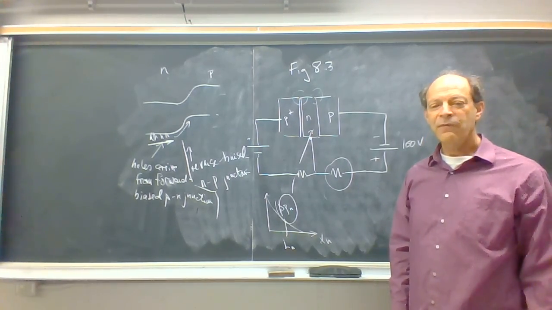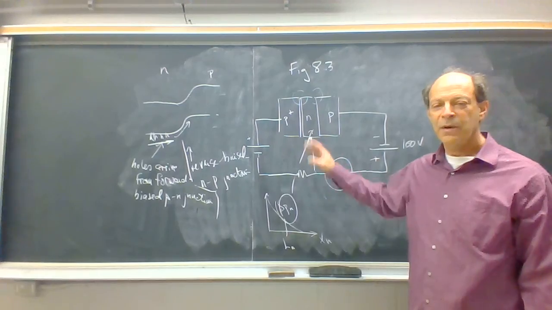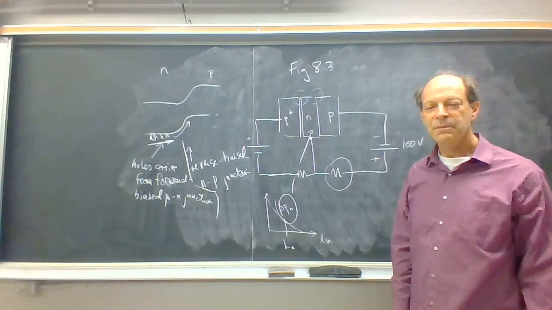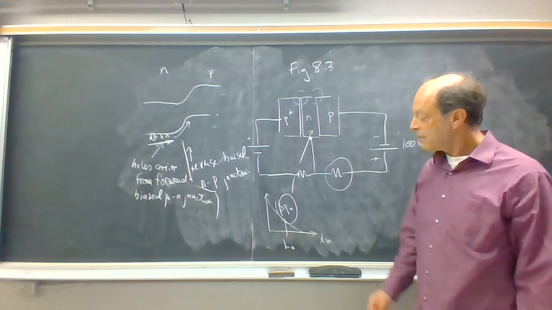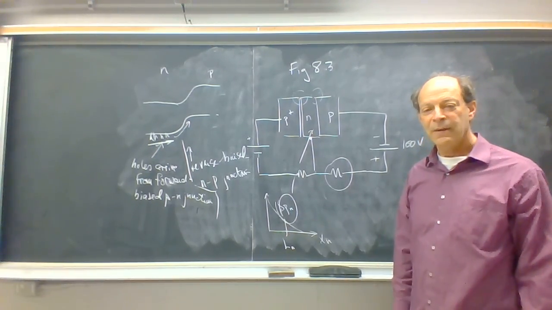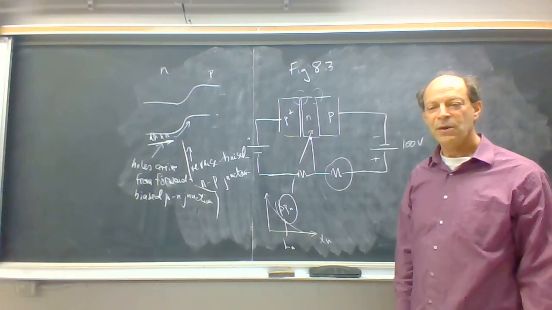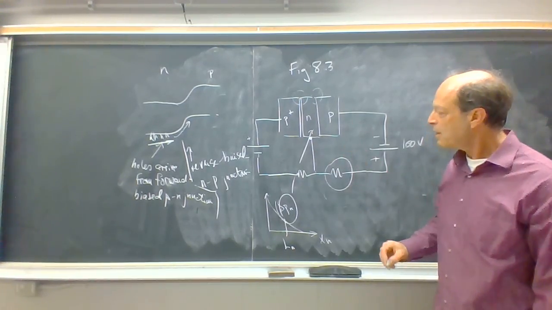So you've created a voltage amplifier, and in fact we'll see soon that you can also create a current amplifier by this device structure. So it's very ingenious, and it relies on the excess carrier concentrations we can generate as minority carriers in semiconductors.